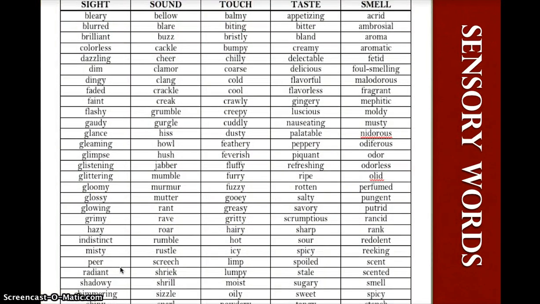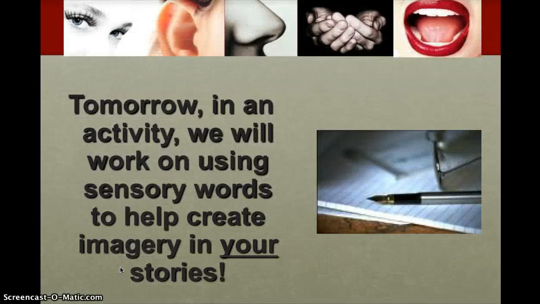All right, and this is a huge list of sensory words, and this is just the beginning. You will have a list like this for school to help you with your story. There are so many things that we can use to help us tap into those sensory words and create that imagery. So tomorrow in an activity, we will work on using sensory words to help create imagery in your stories.